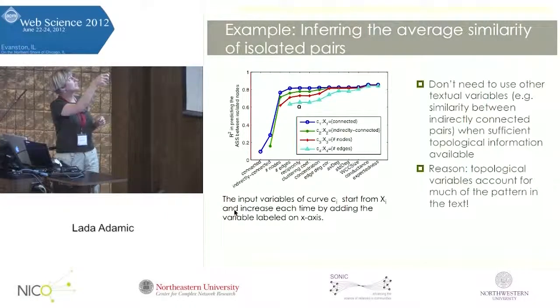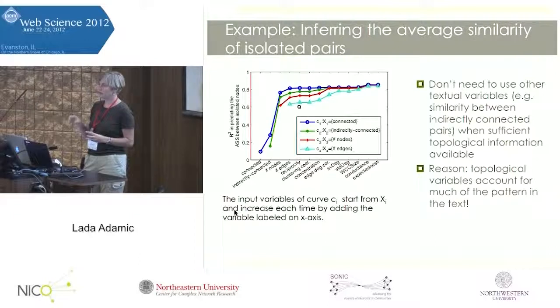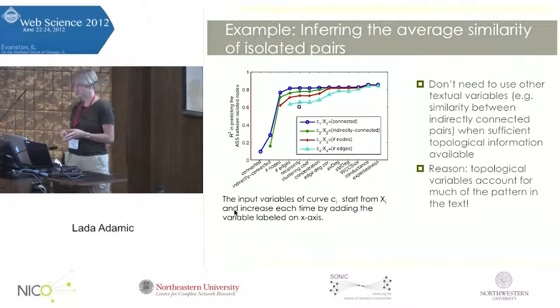We can use information about how similar the connected nodes are, how similar the indirectly connected nodes are, and then we have a bunch of structural features of the network. And the upshot of this is that even if we don't use the semantic features, how similar the other pairs of nodes are, we can predict very well what the similarity is between the disconnected pairs.